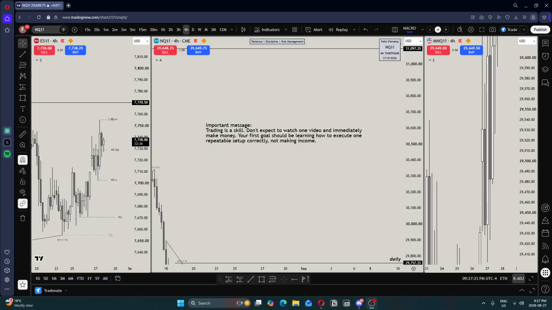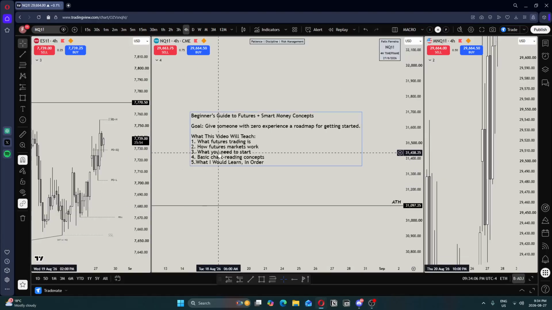Your first goal should be learning the basic concepts individually, then learning how to execute a repeatable setup with said confluences correctly, and not making income. The goal is consistency.